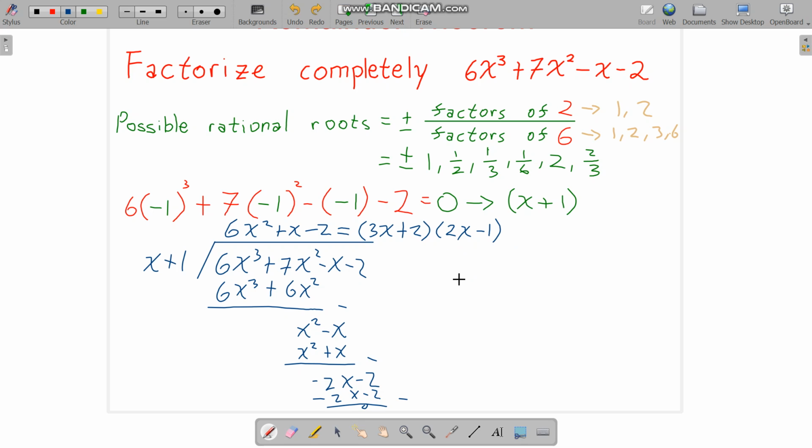So that's it. In conclusion, the factorized form is x plus 1 times 3x plus 2 times 2x minus 1.